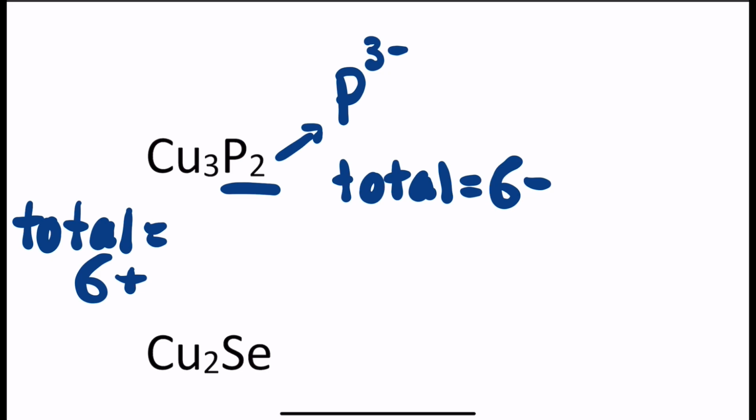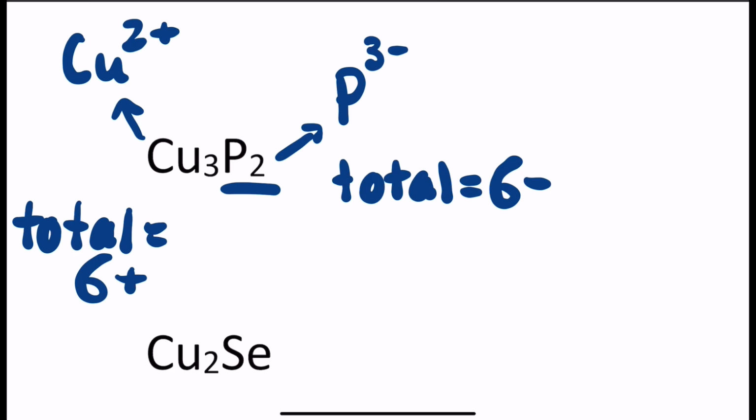That means that these copper ions, the Cu, have to add up to 6 plus. If there's 3 of them, you have to think to yourself, what charge times 3 gets me to 6 plus? And the answer to that is going to be 2 plus. So that means every individual copper has a 2 plus charge.